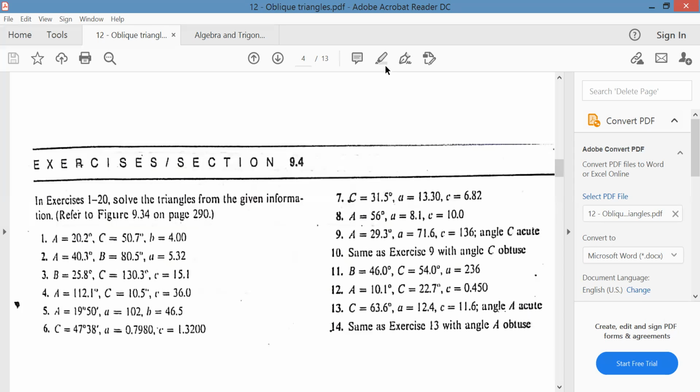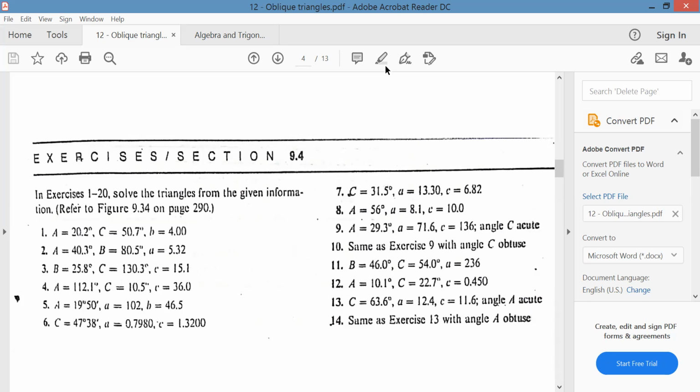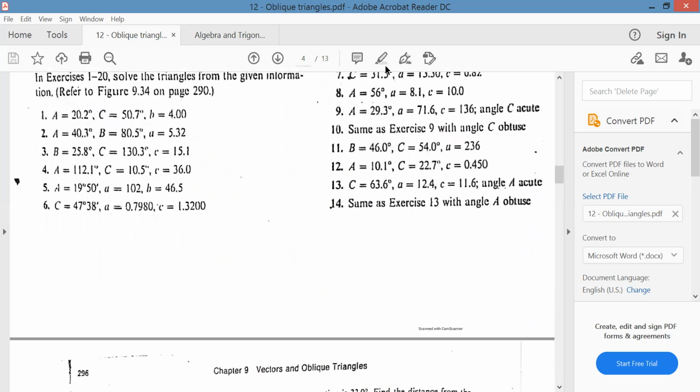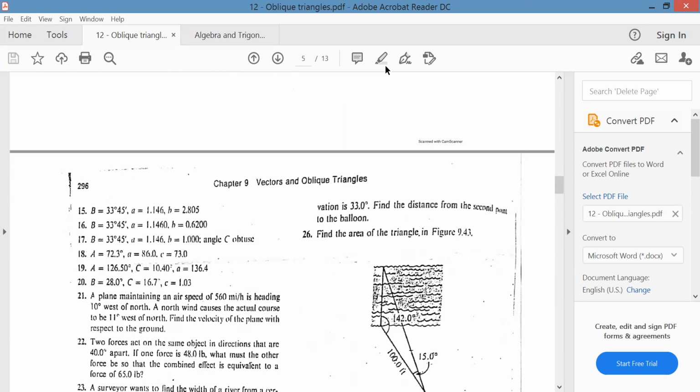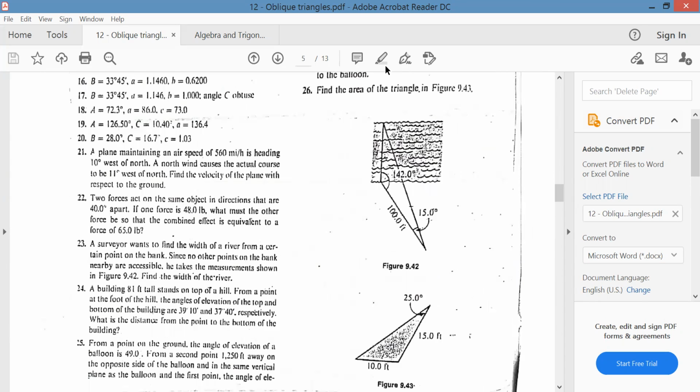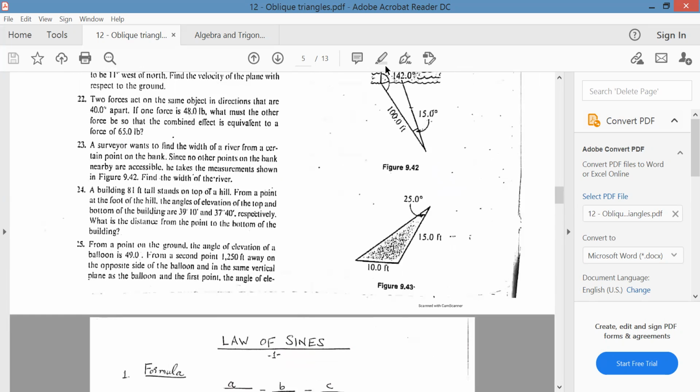So three of the information in each case have been given and the remaining you are to find. Well, let me see. I have solved some of the sample questions for you. There are almost 26 questions in this exercise.